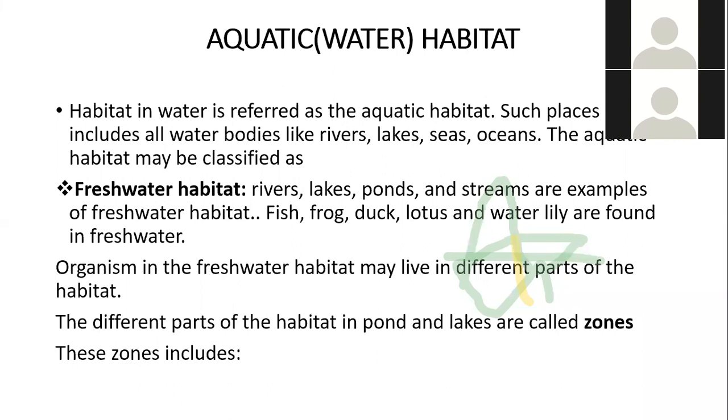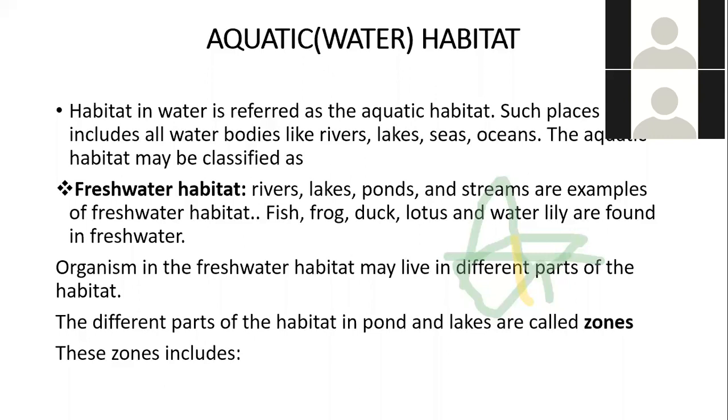Now, the freshwater habitats are the rivers, the lake, the pond, the stream. These are examples of freshwater habitat. As the name sounds, they are fresh. They are pure fresh water. Now, examples of organisms that you can find in the freshwater habitat.